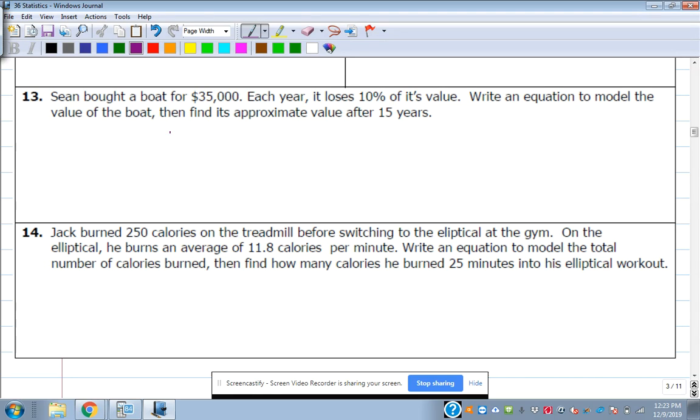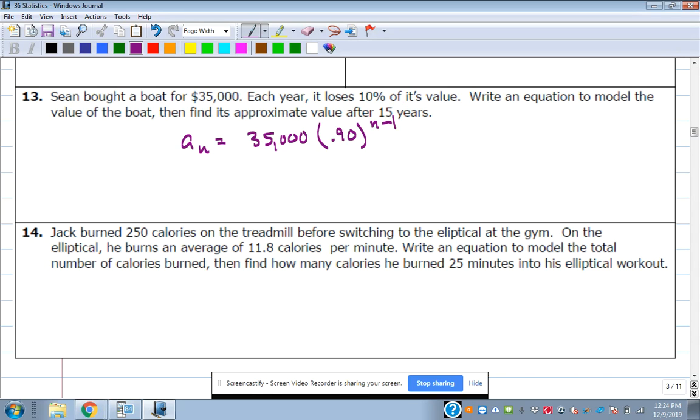So this is a geometric sequence in very good disguise in a word problem. So really, the value of the boat is 35,000 times 0.90 to the n minus 1. That's the formula for a geometric sequence. The 0.9 is the value of the boat. It's how much it's worth each year.